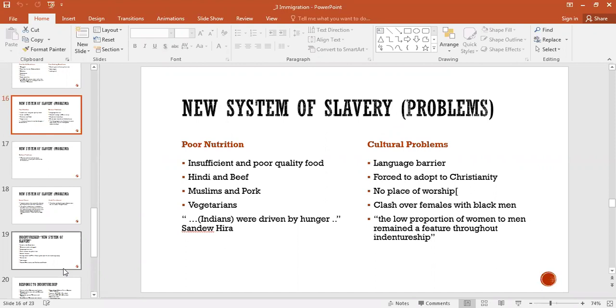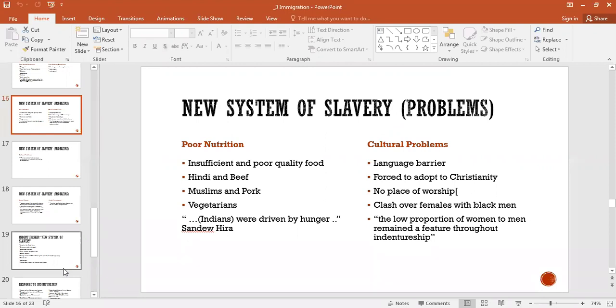Some of them went on hunger strike. They refused to eat. Some of them died from hunger. Same thing with the Chinese. All right, I'm not going to make a comment about the Chinese. All right, so that is poor nutrition.